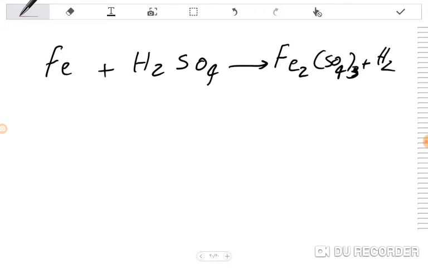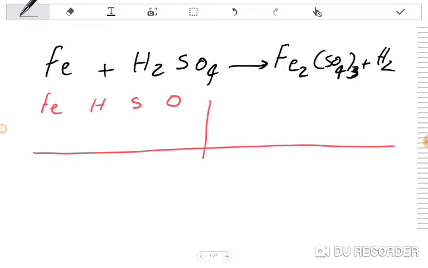How many kinds of atoms are there? Fe, H, S, and O. Okay? I draw a table.